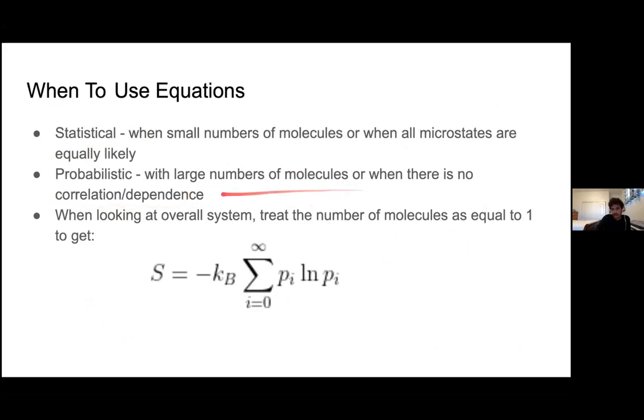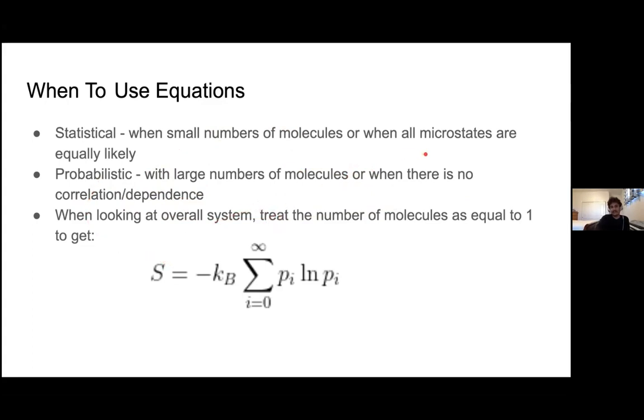You can use your probabilistic definition when you have no correlation or dependence, or when you have large numbers of molecules. I remember from when I took the class, I think we defined that as greater than 100 molecules. I would talk to your GSIs and the professors just to confirm that, because I'm not sure if that's completely correct. But the basic idea is with a large number of molecules, your correlation decreases such that you don't need to account for it.